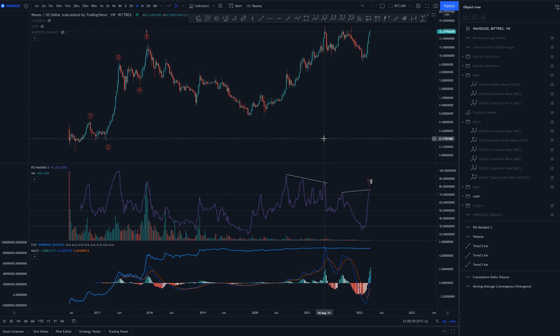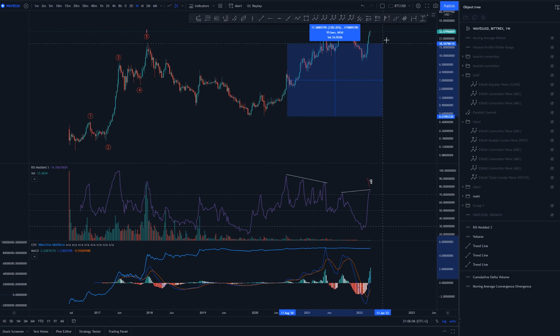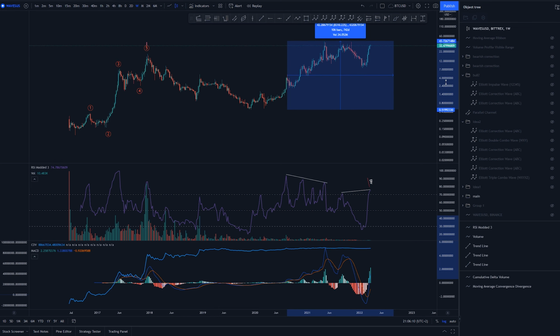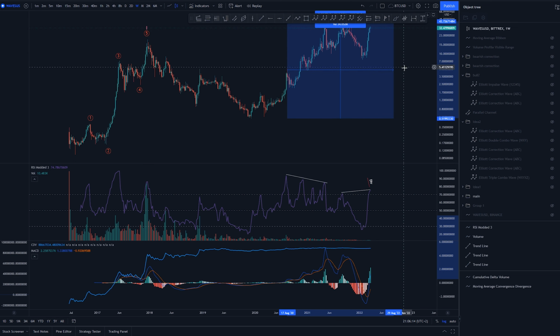That is telling us that this whole move, even if this whole Waves coin has gone up, what is that, 8,000%, is actually corrective.